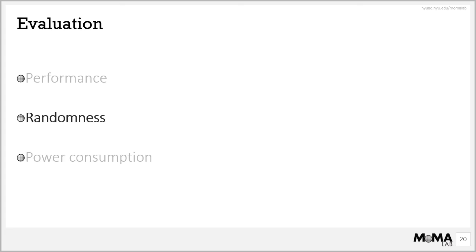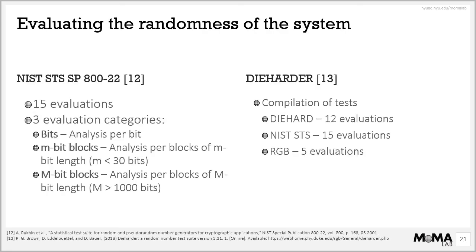Moving on, I would like to talk a little bit about the way we evaluate our solution regarding its randomness. So in this experiment, we assess the quality of random numbers of our design using 2 standard randomness evaluations. These 2 evaluations were the NIST statistical test suite and the Dieharder battery of tests. The NIST STS is considered one of the most important testing suites for randomness analysis.